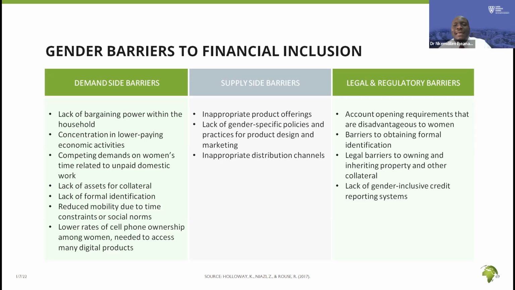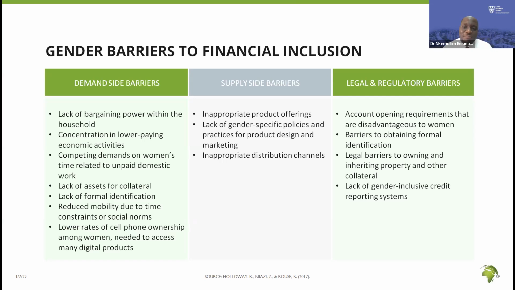Now, what are some legal and regulatory barriers? So in so many markets, you have regulators stipulate account opening requirements that, for instance, require that the potential account holder has some level of identification, which the customer may not have.